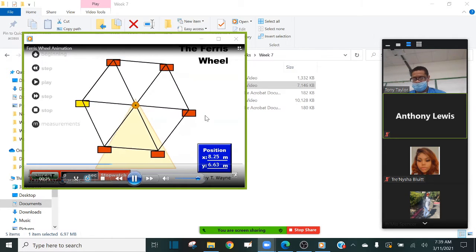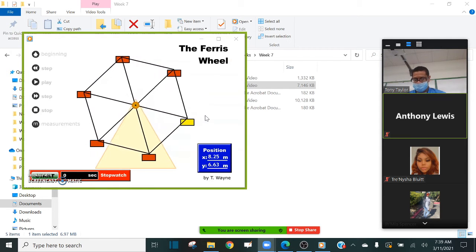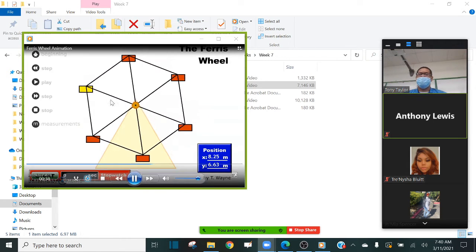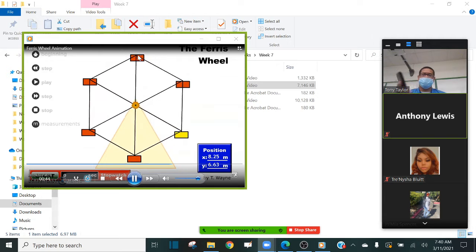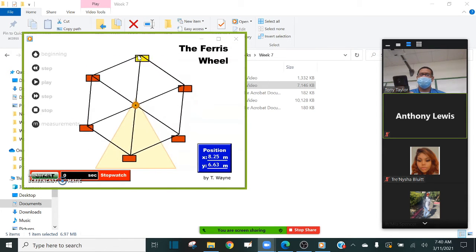Okay. Now, how can I figure out what is the period of the Ferris wheel? Well, this is easy. All I would need to do is take out my stopwatch on my cell phone. And guys, look at the yellow box. When that yellow box comes around to the top, I'm going to start my stopwatch. So when it comes to the very top, start.